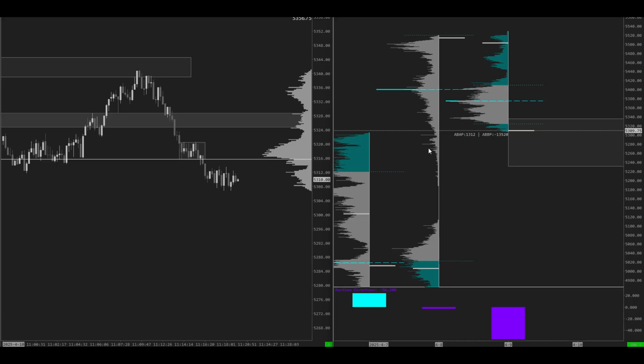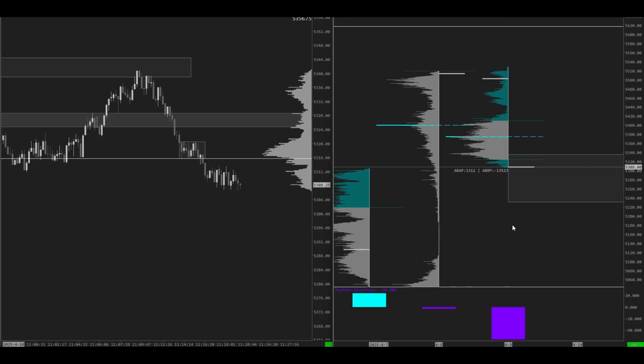And we're also trading into a low volume node area, so it really tapered down here. We're heavily below this, but we're still in a pretty low volume area. But it's showing intent to go lower here, to auction lower.